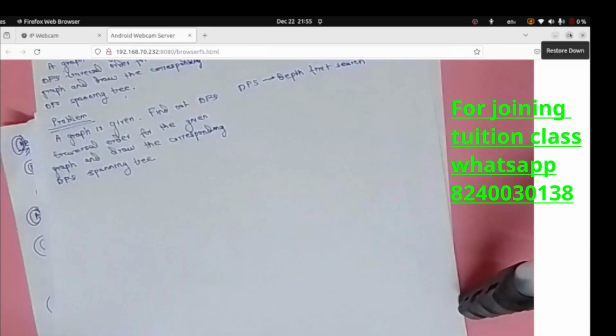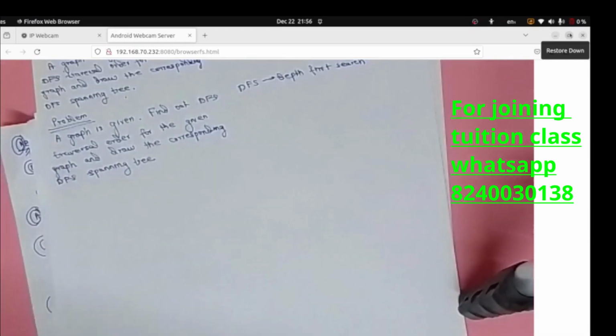But here is one point: insertion and deletion should be done from only one end of the stack, which is known as the top. The new item is inserted as the topmost element into the stack, and the item to be deleted must be the topmost element of the stack.